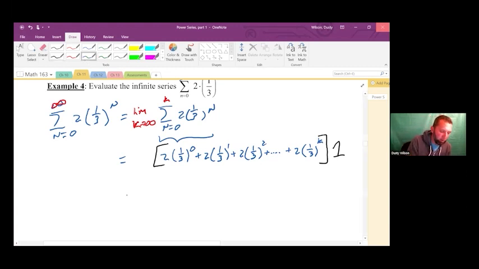So let's start by taking out the 2. So I have 2 times 1/3 to the 0 plus 1/3 to the 1 plus 1/3 to the 2 plus dot dot dot plus 1/3 to the k.